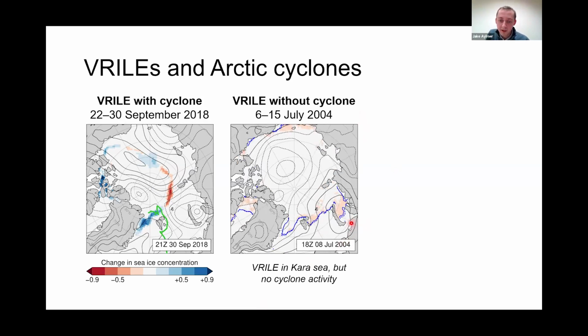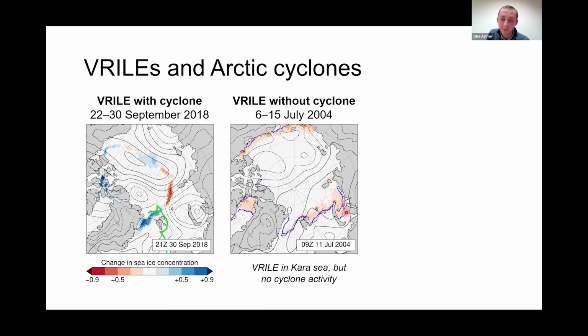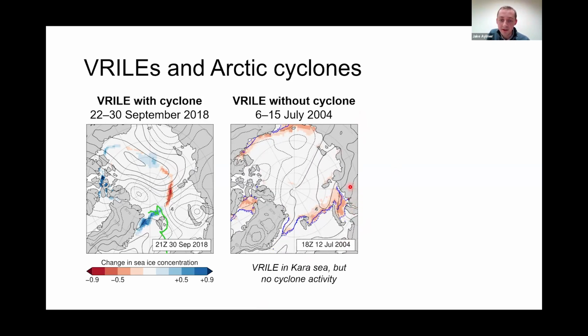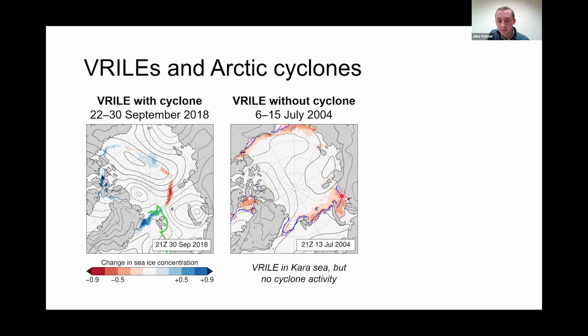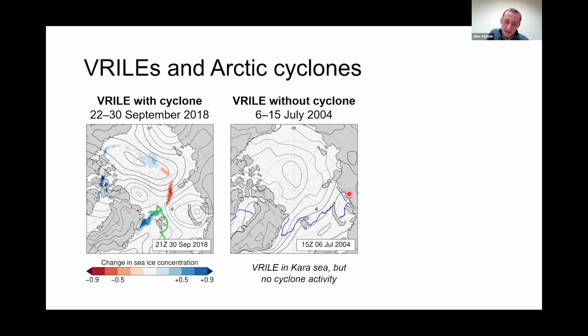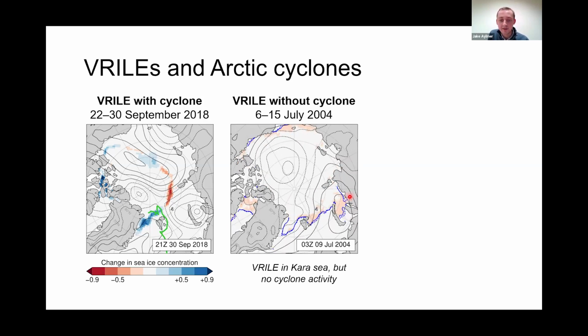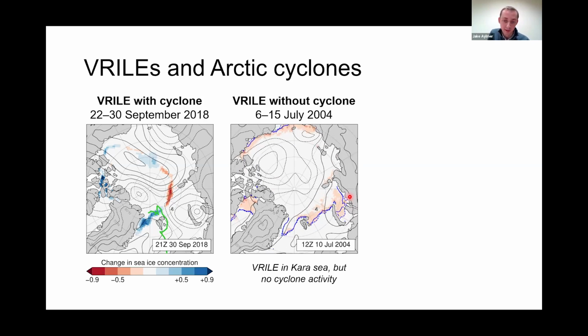So on this plot, I've just added the sea ice edge contour in blue. So the rapid ice loss event itself is occurring where my pointer is here, so the sort of Kara Sea. So when it gets to the end here, you can see that the sea ice edge has retreated much further than it has everywhere else in the Arctic.